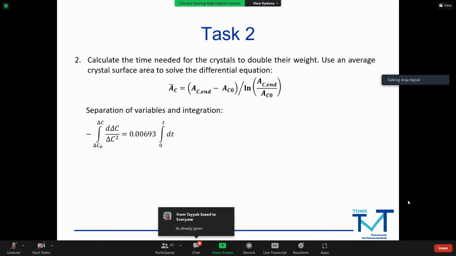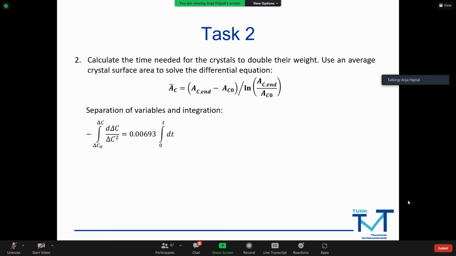We need to solve our differential equation, and we do this by doing an integral over delta C on one side, and integrating over time, because we had dC over dt, right? So we have these two parts.